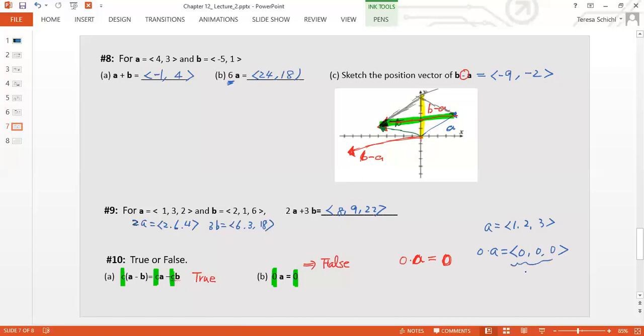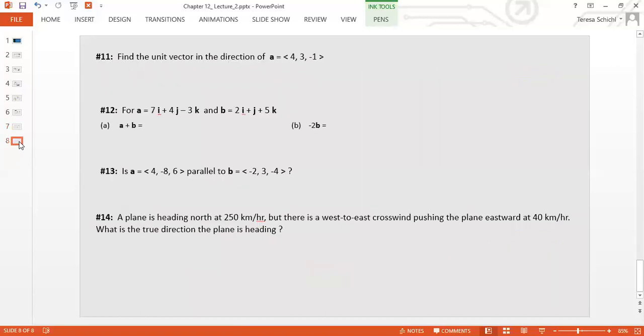This is still a 0 vector, so that's why I need to bold it. It's not a 0 constant. All right, pretty good. Okay, last few problems, and then we're done here.